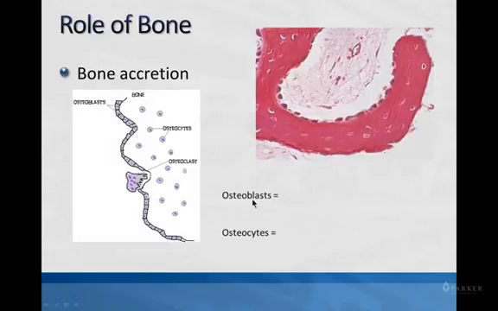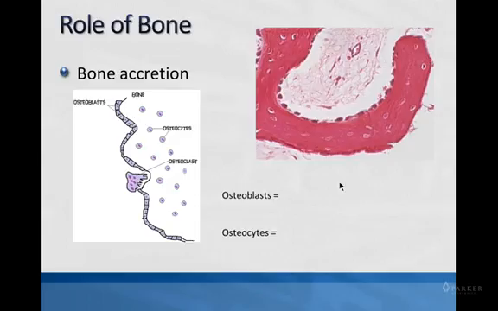Now this picture is a slide that you may remember from Cells and Tissues that looks at the cells that are important in bone formation. And this is the fancy term we use when we talk about bone formation: bone accretion. Accretion is just a term that refers to when you increase the size of something gradually by steadily adding smaller parts.